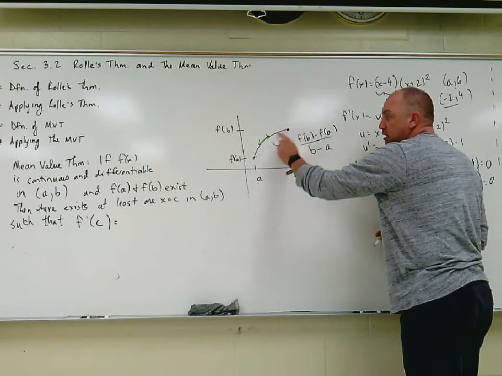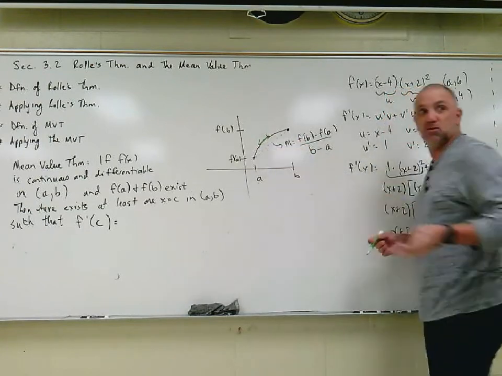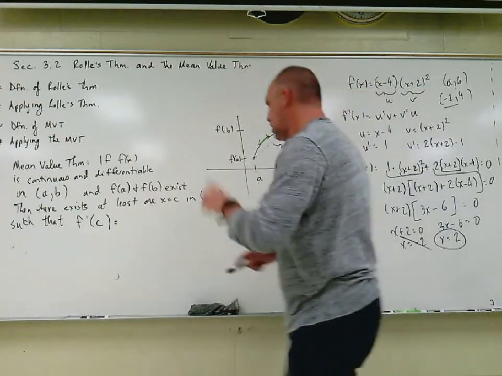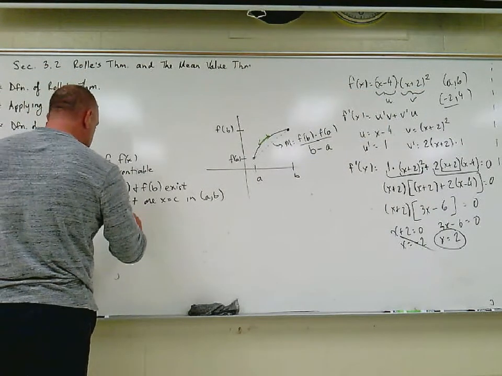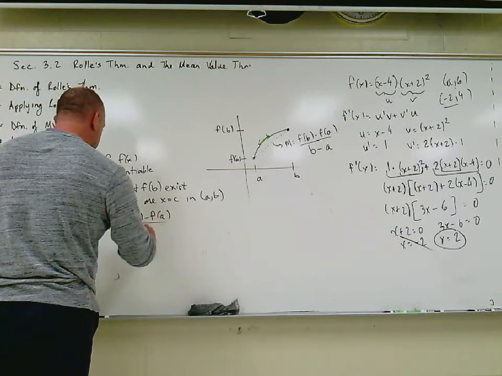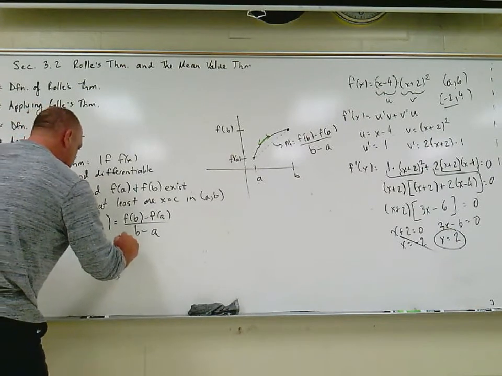It's the same idea. So we're going to have to find the slope between the two endpoints, and set our derivative equal to this slope, not equal to 0. So there exists at least one x equals c in AB such that the derivative is equal to f of b minus f of a over b minus a. And I like to put that the slope of the tangent is equal to the slope of the secant line.